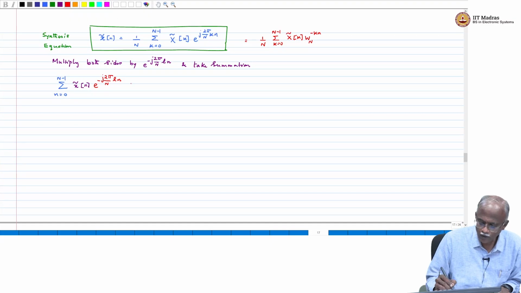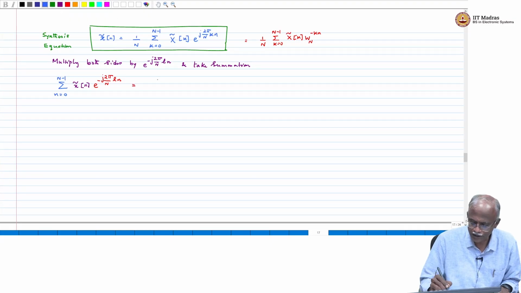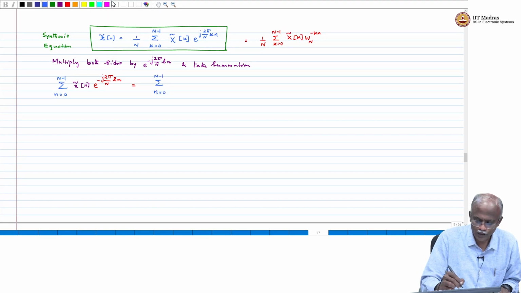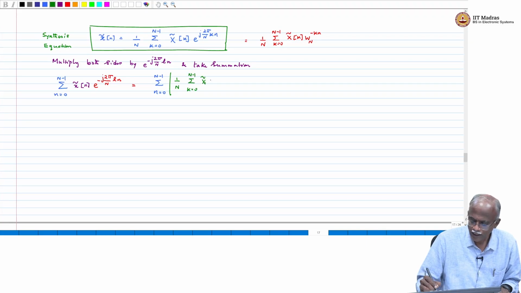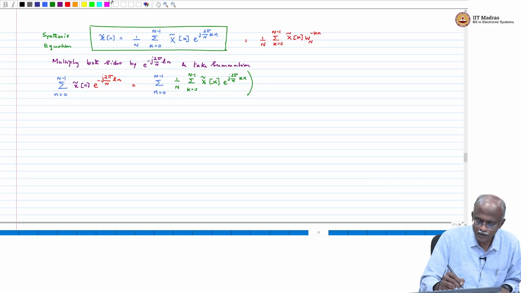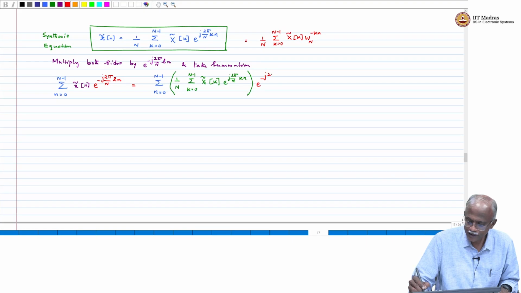So on the right hand side, this will be equal to summation n equal to 0 through N minus 1. Let's open the bracket. The term that's on the inside is 1 over N summation k equal to 0 through N minus 1 x tilde of k e power j 2 pi by N kn. That was what was inside the bracket, right? And this you have to multiply by e power minus j 2 pi by N ln.